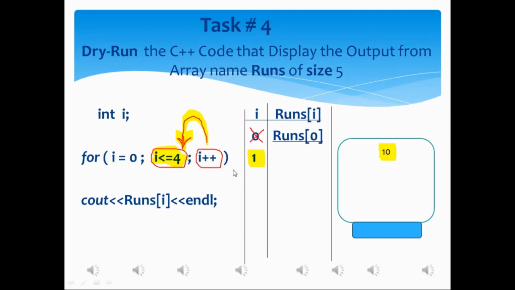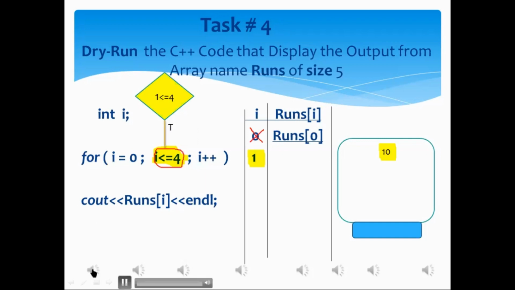If you place the current value of I in the condition, what will this condition become? 1 is less than or equals to 4, just like the way it is shown in the diamond box. Now tell me whether this condition is true or false. It's true, sir. Okay, your answer is correct, my dear.